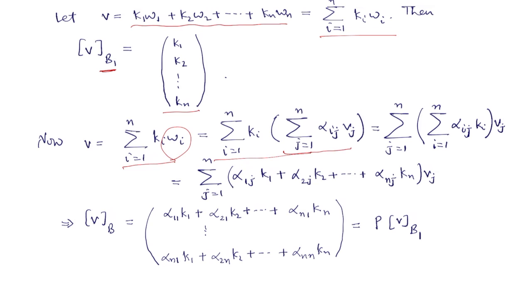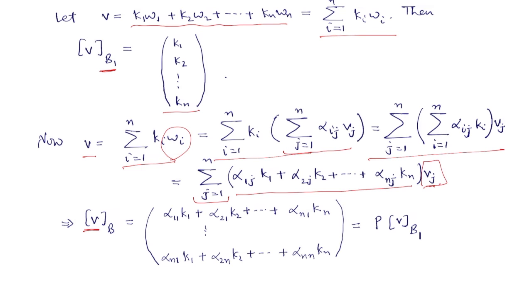We can write this summation this way. So this is equal to, as j varies from 1 to n, this combination with ki's and then vj. So we have written V as a combination of V1, V2, ..., Vn with respect to the old basis.